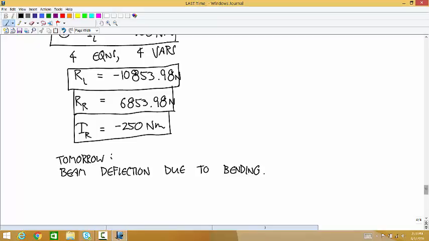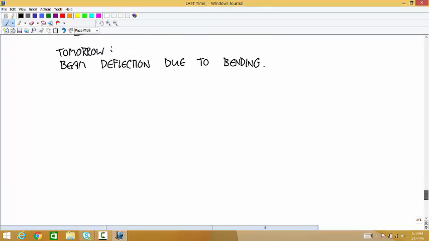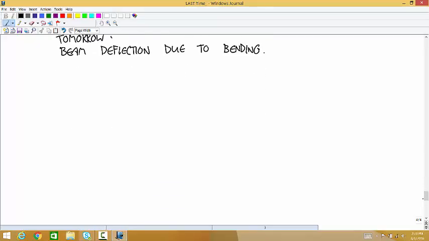And beam deflection due to bending, I don't know if you've ever thought about this, but when you do truss calculations, you always assume that everything's connected by pin joints, right, or ball and socket joints in 3D. But then you look at a bridge or something, a structure that you're told is a truss, and there's no pins in it. All the members are connected by big riveted gusset plates.